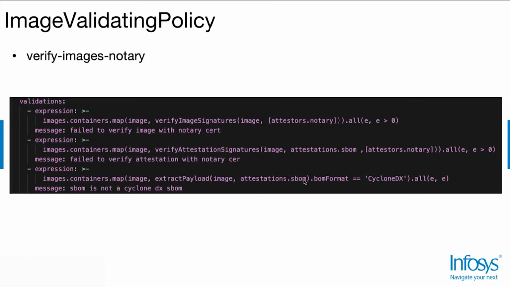It can be the security vulnerability reports attached to your image, and you're going to check whether there are critical or high severity security issues, or you can check any other type of SBOM payloads that are attached to your container image while building and generating the image.